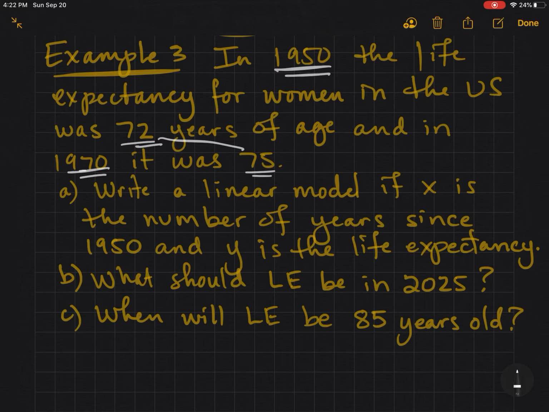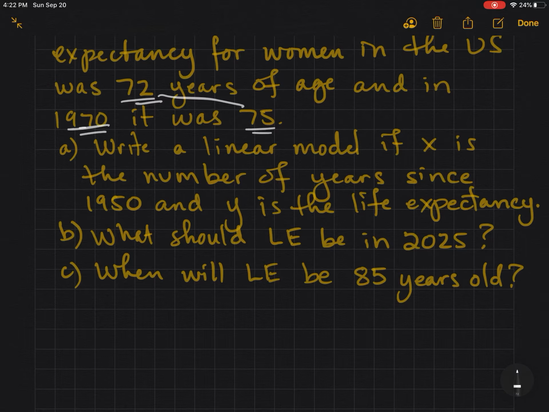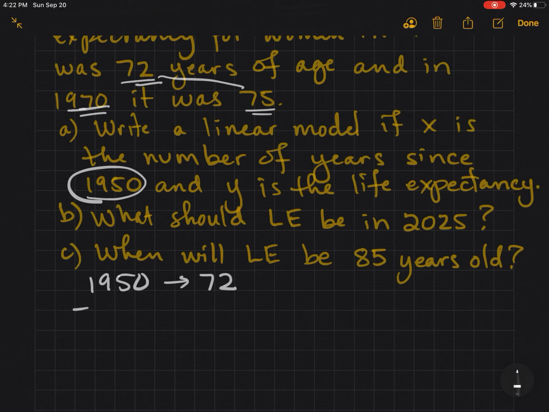So, as we look at this, number of years since 1950. So, in 1950, the life expectancy was 72, but it says the number of years since 1950, so my X is 0, and the life expectancy is 72.